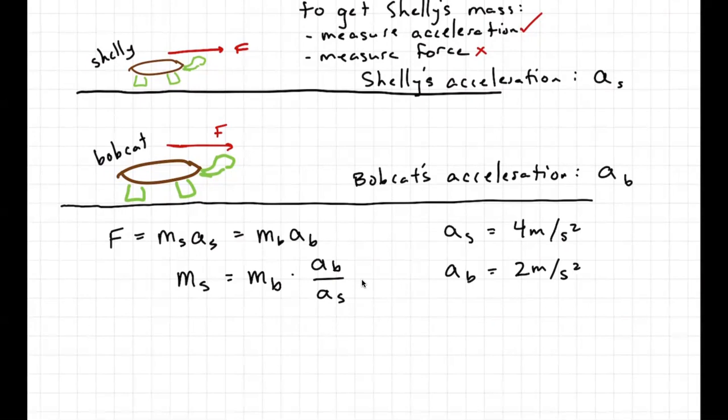And we know that's going to be the case because Bobcat's more massive than Shelley. So if we just plug that in, Shelley's mass is going to be Bobcat's mass times a half. So whatever Bobcat's mass is, Shelley has half the mass of that. And at this point, this is the best we can do. There's no way to get absolute mass here.